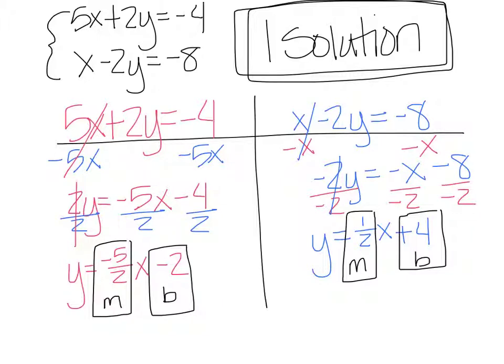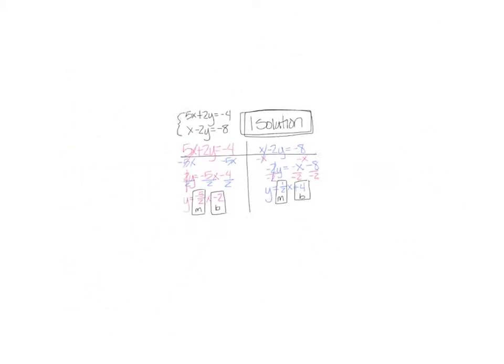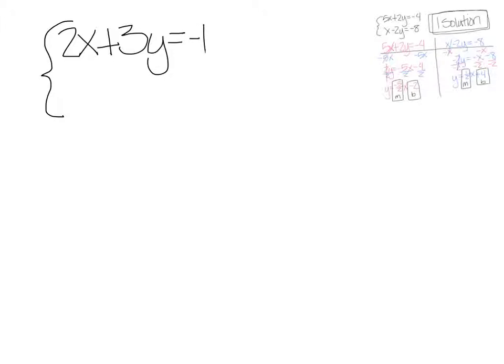All right, one more example. Let's look at this final system here, where we have 2x plus 3y equals negative 12, and 2x plus 3y equals negative 9.